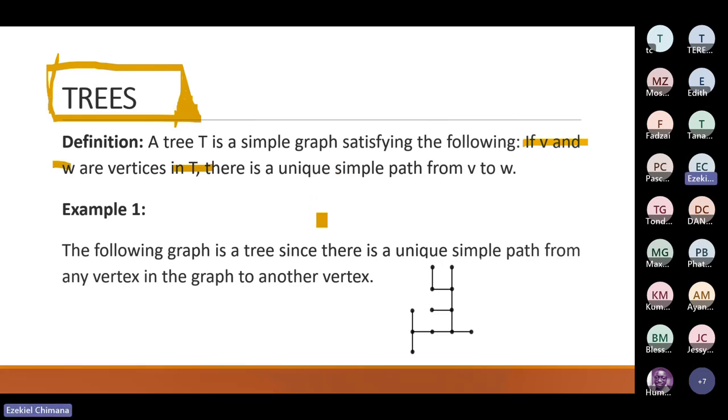From V to W. That graph is the one that we call a tree.